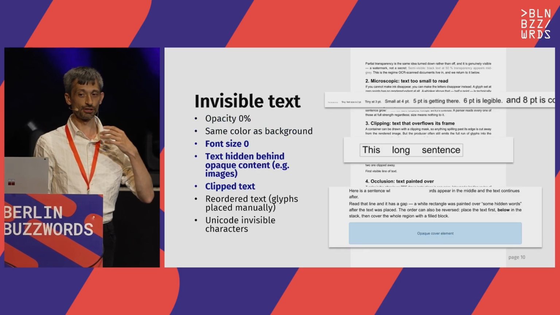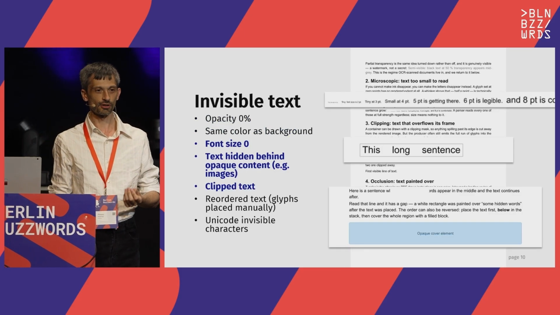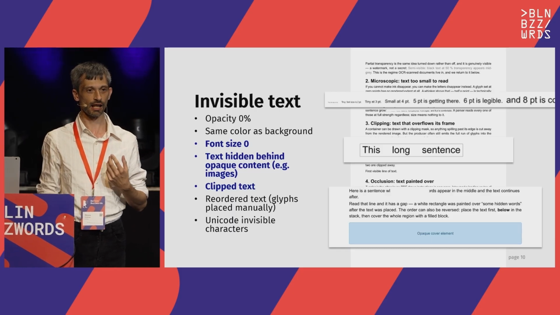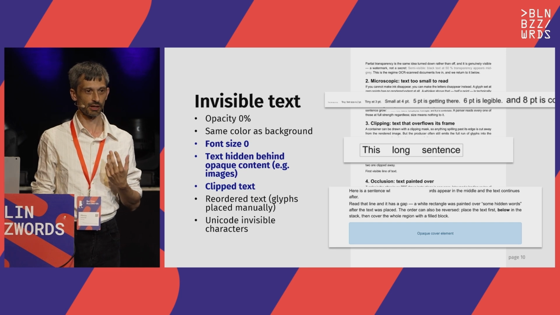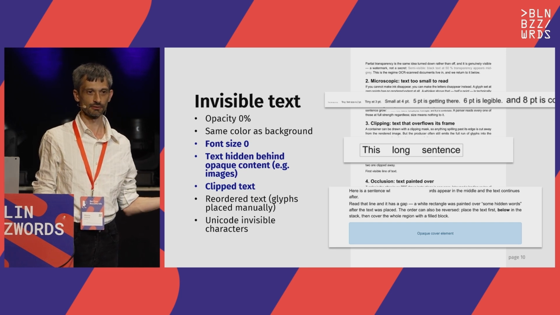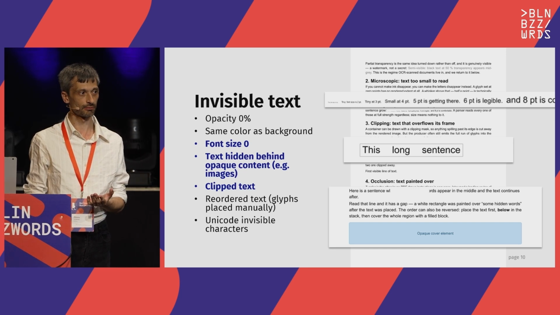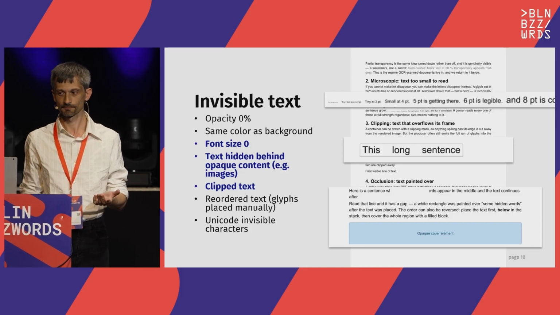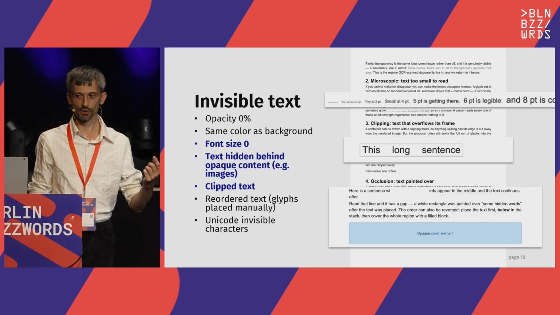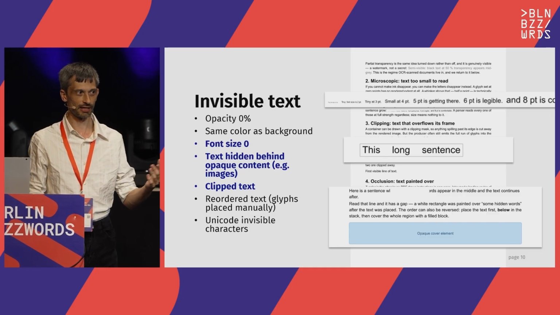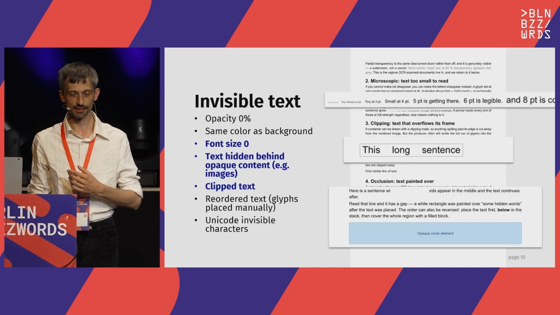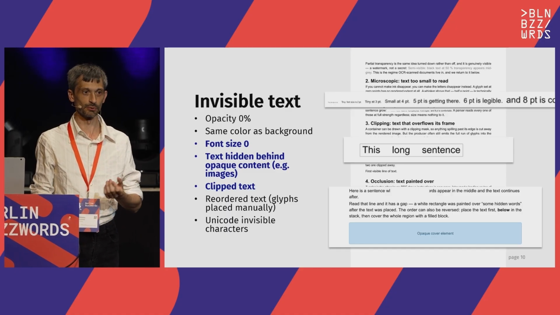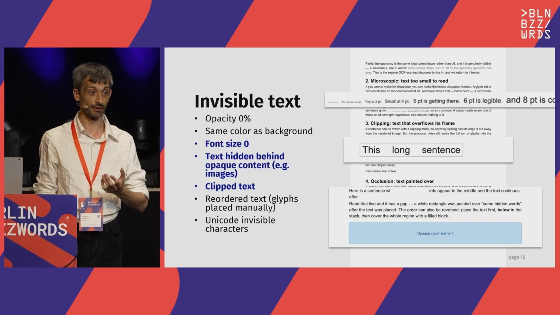You can also reduce the font size. A font size 1 will be practically visible as a line to the user, but actually to a parser that read the text flow inside the document, it's text and it's visible. And by the way, you have also all the scale up to 8 points for the size, and some of the parsers will actually read all of them.